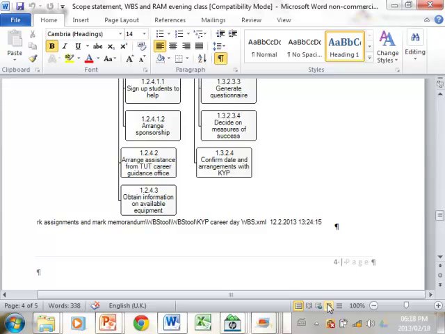So I don't need to break that one down any further. But for example, confirm dates and arrangements with KYP. Well, maybe I should break that one down further, because I've confirmed the dates, but what are the other arrangements that I need to make with them and need to confirm with them? So I maybe have to go and think about that one and think about how much further I must break it down.